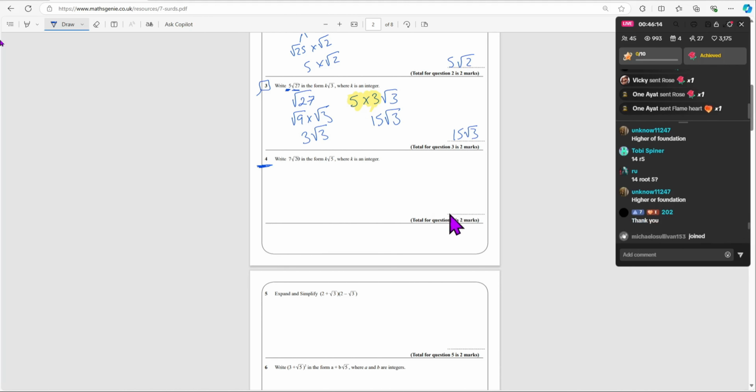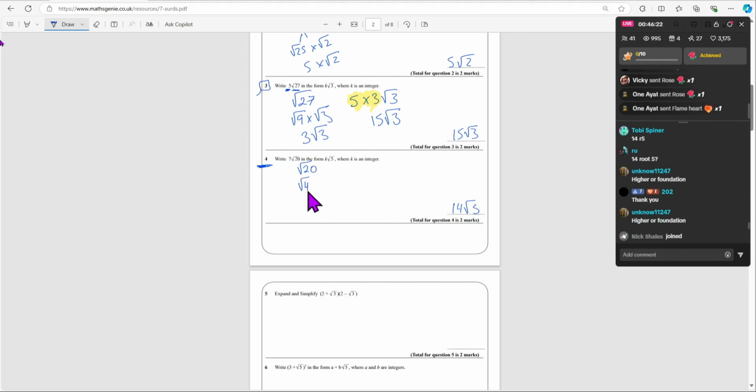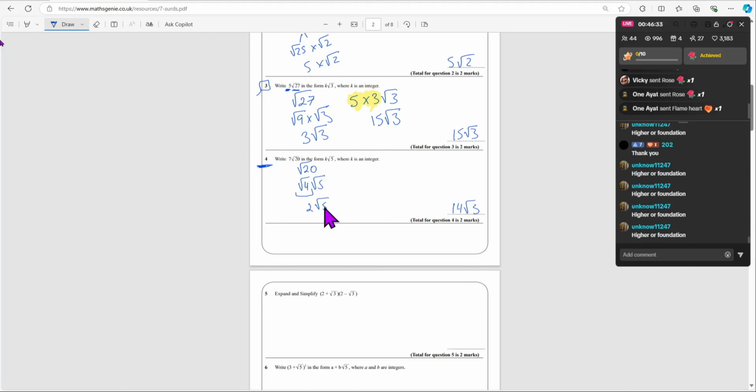So the answer is 14 root 5. I'm going to quickly go through it. We know that we can simplify the square root of 20 to the square root of 4 and the square root of 5 multiplying each other together, okay? We can simplify the square root of 4 to 2. Then we're going to write 2 root 5 like that.